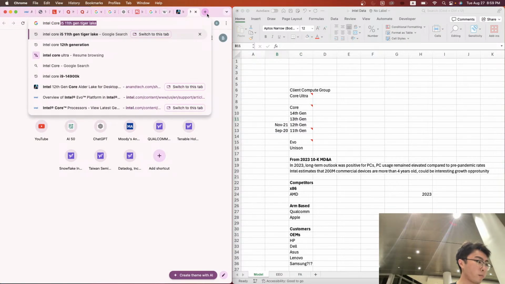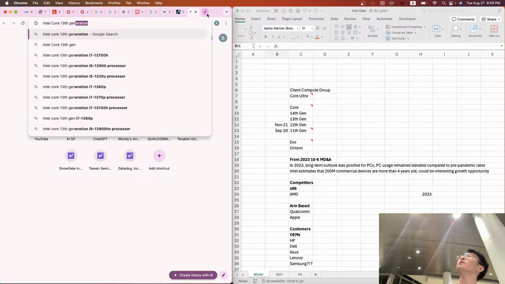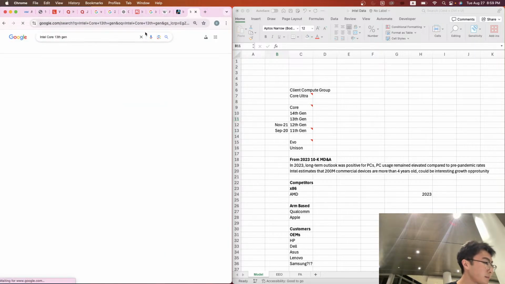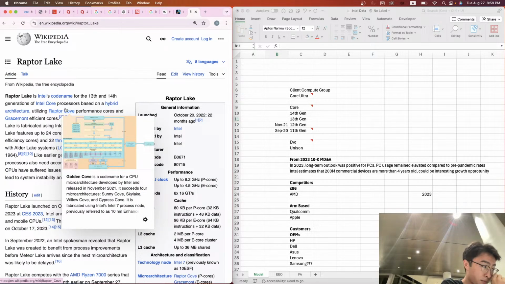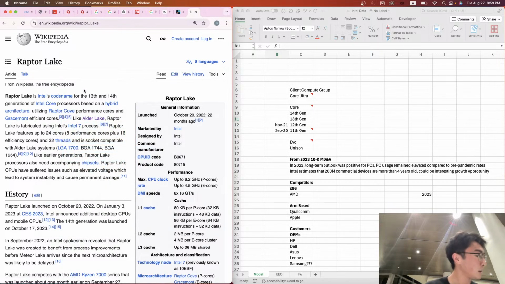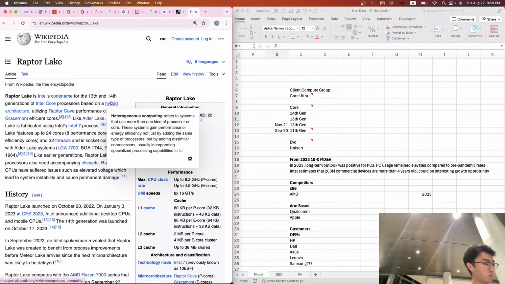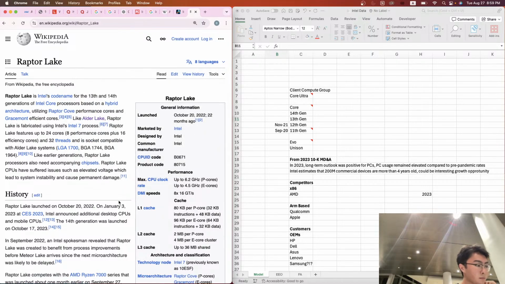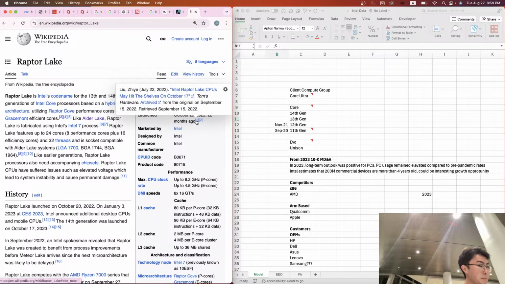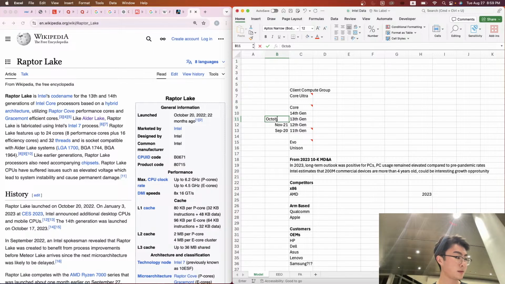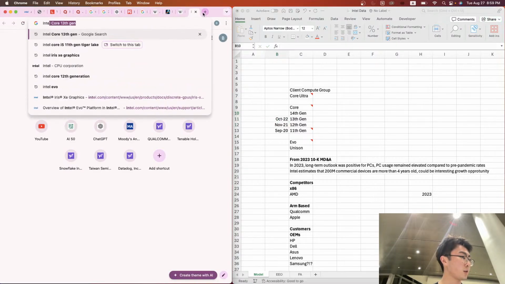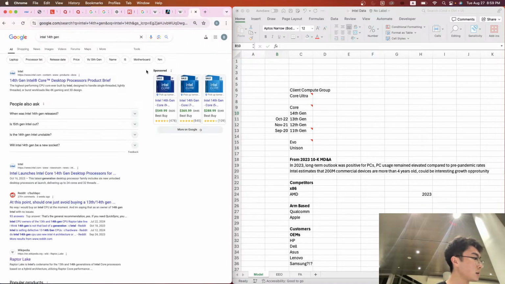Intel Core 13th gen, so this is the Raptor Lake, I think. Yep. Hybrid architecture. It's October 2022, and then Intel 14th gen.